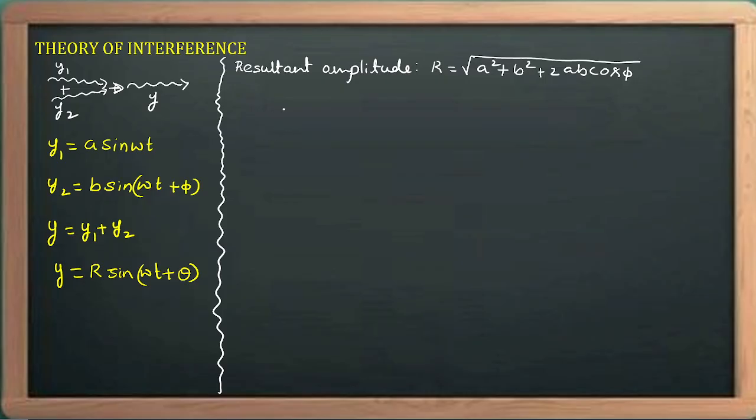Then we have the condition for constructive and destructive interference. Before that I will give the resultant intensity also. Resultant intensity I is equal to I1 plus I2 plus 2 root I1 I2 cos phi.